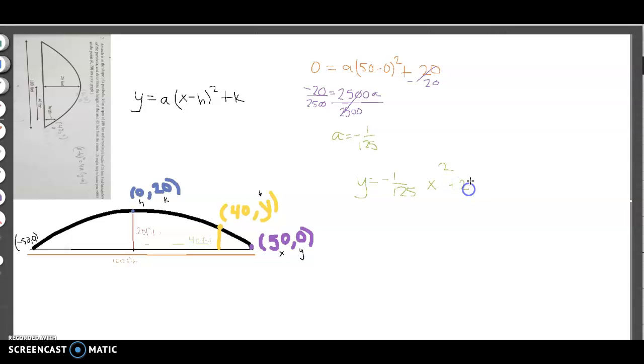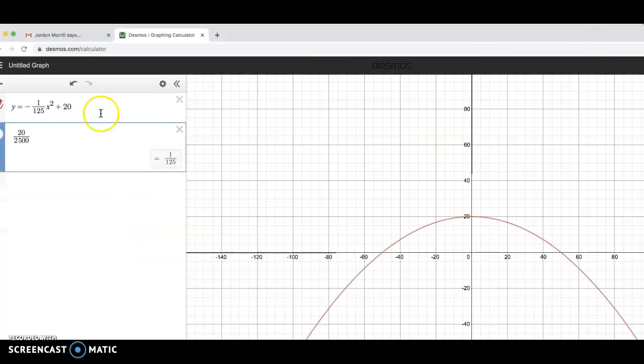And I went through and graphed this parabola using Desmos. This is just an easier form to put it in on Desmos. If you want to do it, you can do it yourself. So I put y equals negative 1 over 125, which is what we got for a, x squared plus 20.